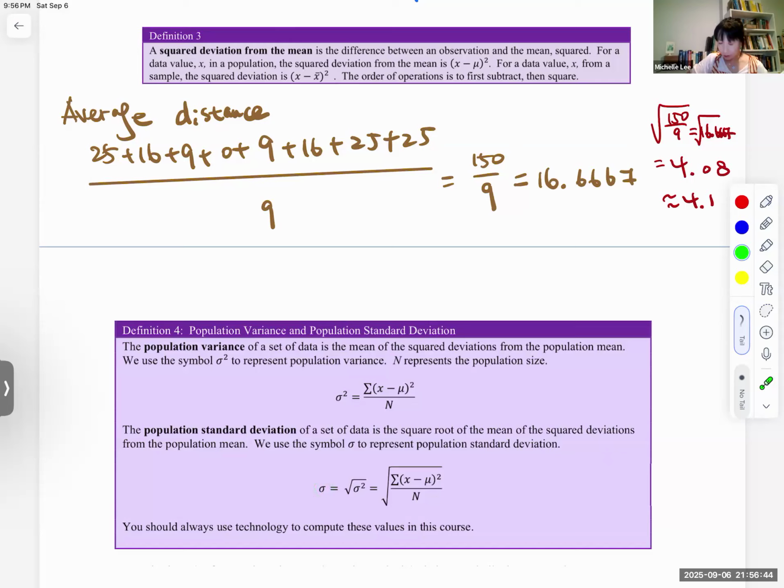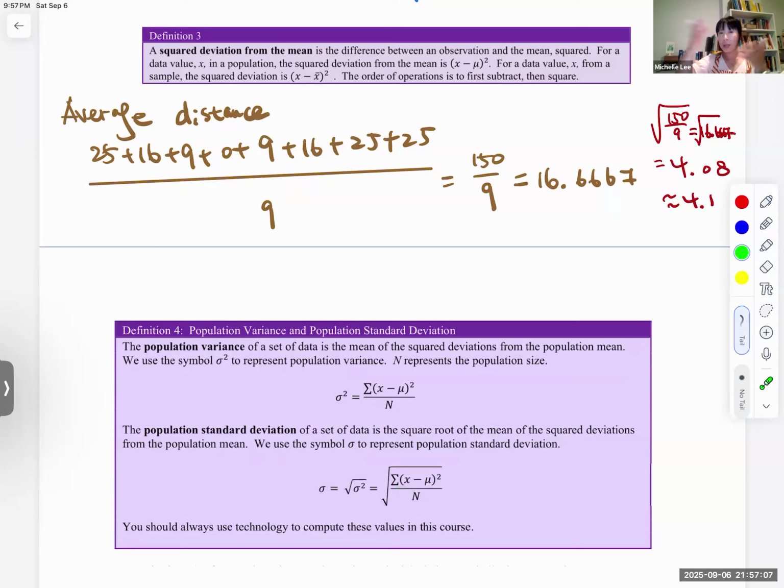Then we went over it, right? So x minus mu, quantity squared, that means the average distance of deviation, right? Then we want to take the average. How do you get the average?